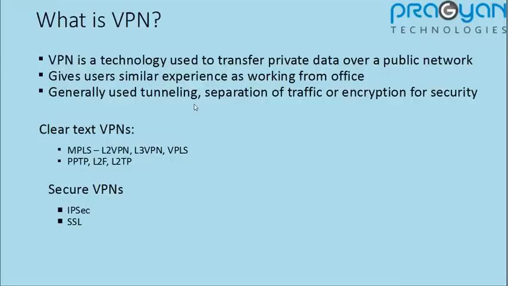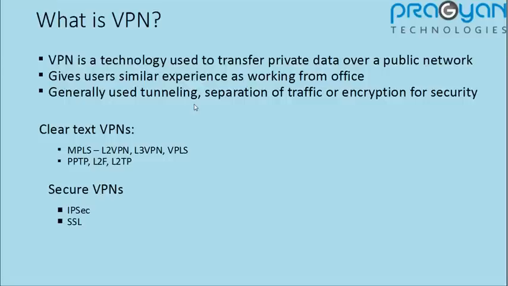This information needs to pass via the internet, so it's passing via a public network. So now you can use VPN technology to make sure that you're able to securely communicate between two offices over this public network, and you need to use some technology like VPN to do that.